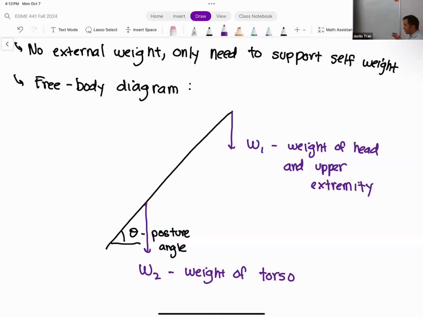Because we're distributing these weights a little bit strangely here, we're putting the upper extremity together with the head. That shifts the torso weight a little bit closer to the spine itself. So that's why you see W2 shifted down more than it typically is. Normally, we lump together the arms together with the torso. But for this problem, we'll lump it together with the head.